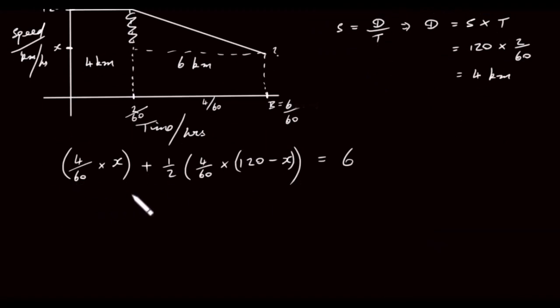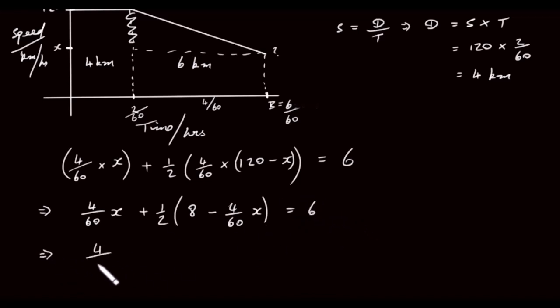Okay, so let's work all this out. We have 4/60 times x plus a half times 4/60 times 120. Well, that will be 60 and 2, 120 is 2, 2 4 is 8. Then minus 4/60 times x, again equal to 6.